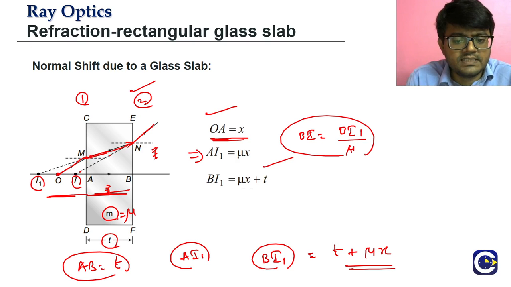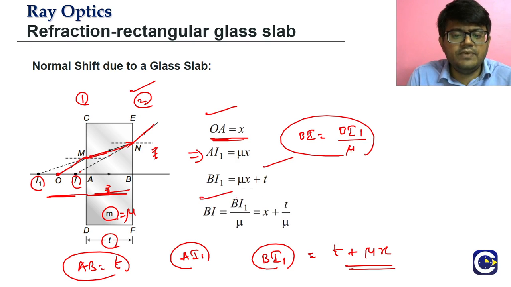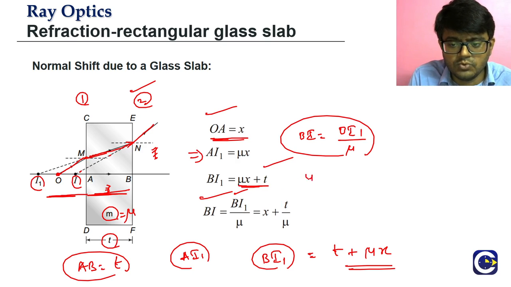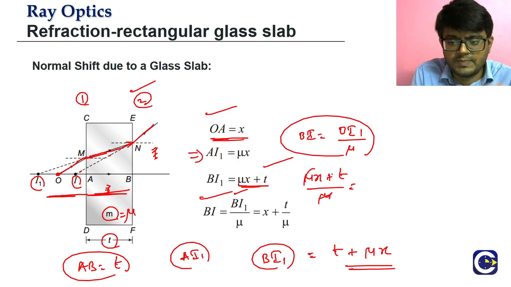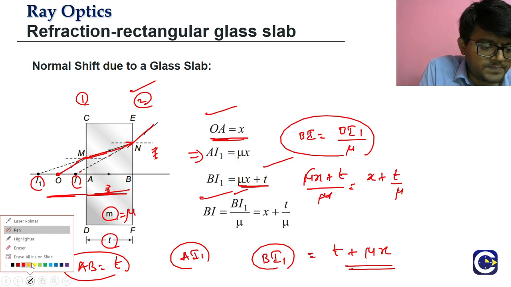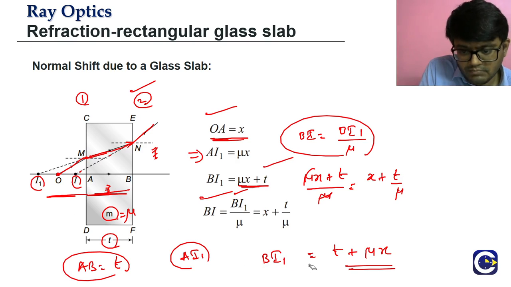So BI1 is mu x plus T, divided by mu. We'll just split the term. It will be x plus T by mu. So BI value will be equal to x plus T by mu.